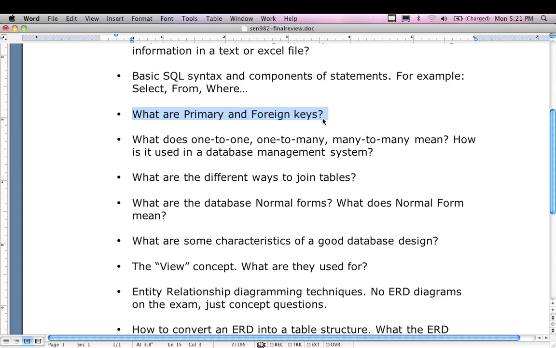It's on the intricacies, the details of what you're actually doing way beneath the surface. So I'm not asking you how do you draw an entity relationship diagram, or what's on one: entities, attributes, relationships. It's not going to be that surface level.